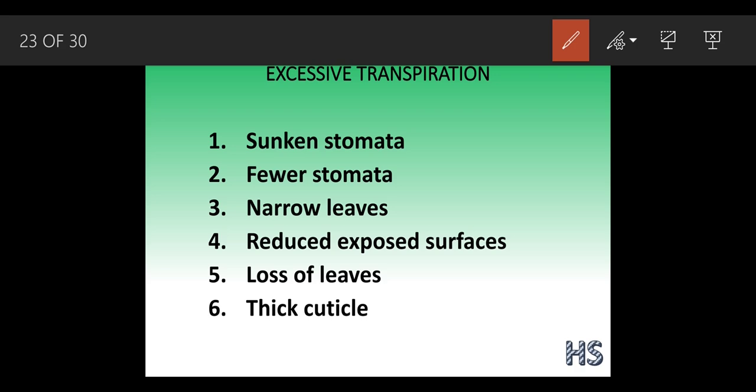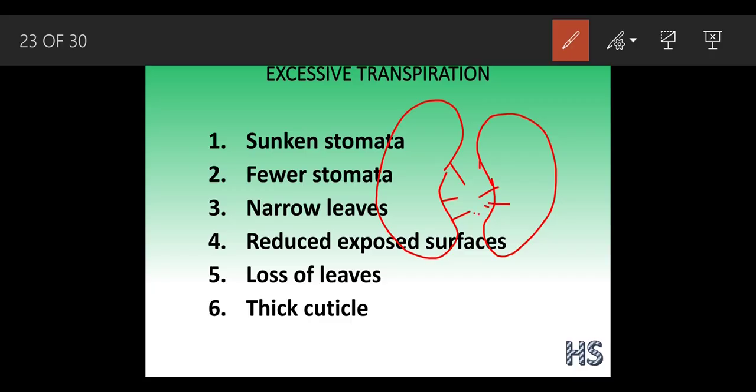See, this is a guard cell, and here at the guard cells there are some hairs. Especially in the nerium you are going to get these cases. There are a lot of hairs, so this stomatal opening is covered by a lot of hair.